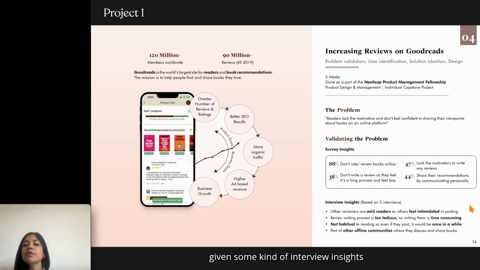And I've also given some interview insights, because these were the two kinds of research that I conducted in order to validate the problem. So, setting the base for the project.